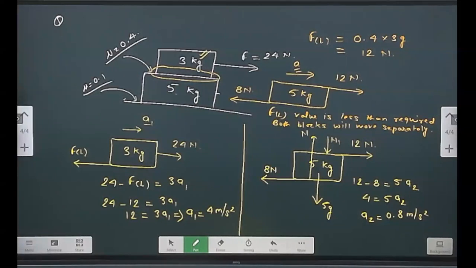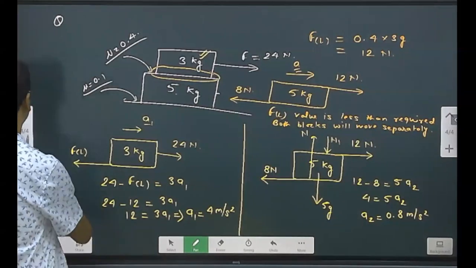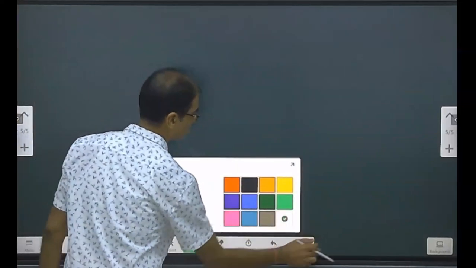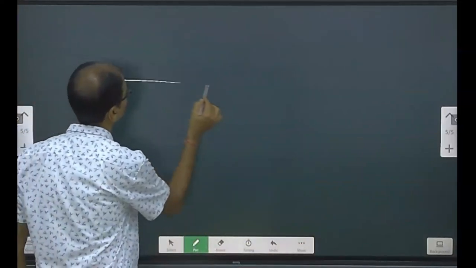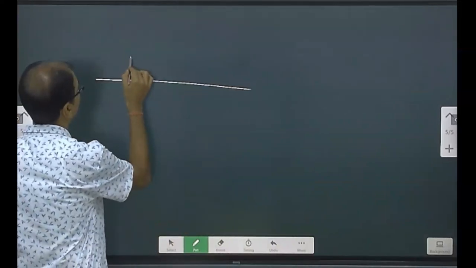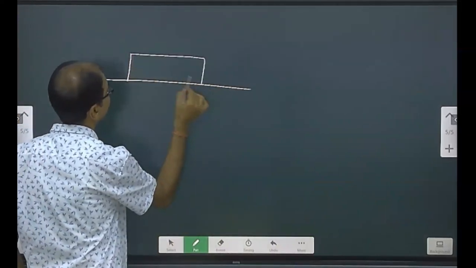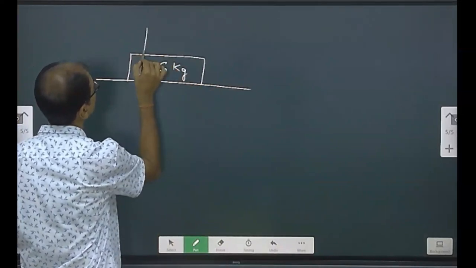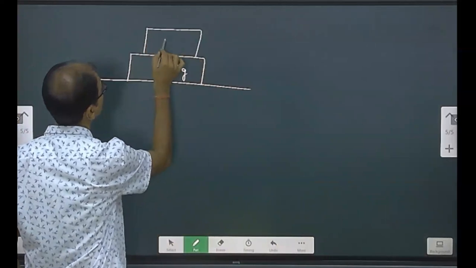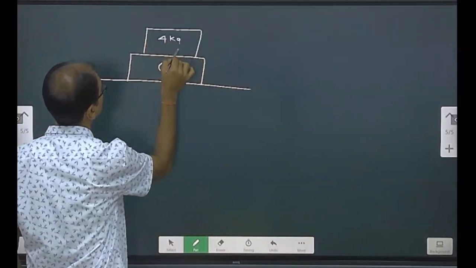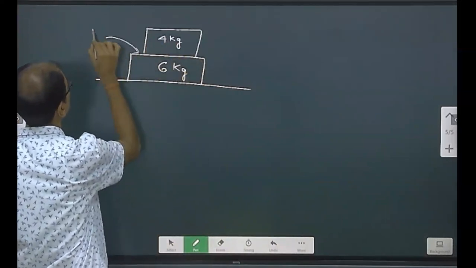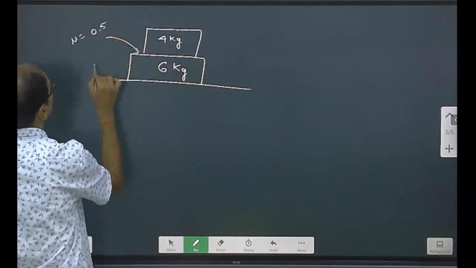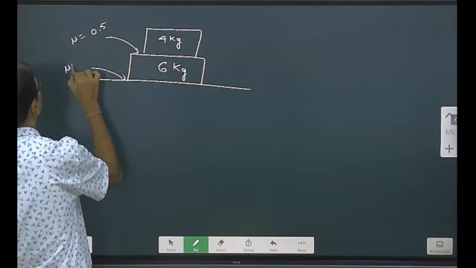Okay. So now one more question for you. This time this is 6 kg and this is 4 kg. This is 0.5, mu is 0.5 here, and here is 0.1.